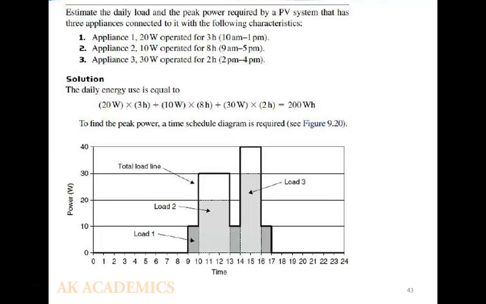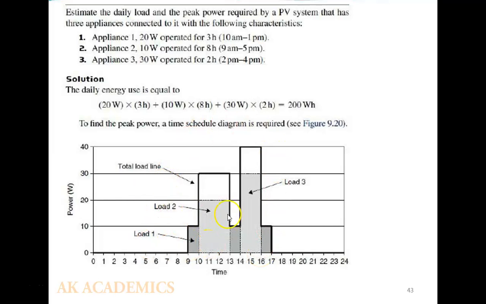If the rating is 30 watt, what you would notice is that if you trace it from the origin, from 0 watt right up, dotted line, it will get to this particular point. So this is going to be the 30 watt load, and then you trace it down to 4 p.m. or 1600 hours. So the dotted line here is expected to be the 30 watt load.